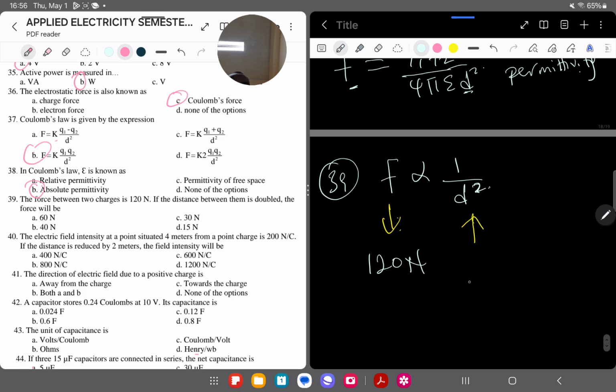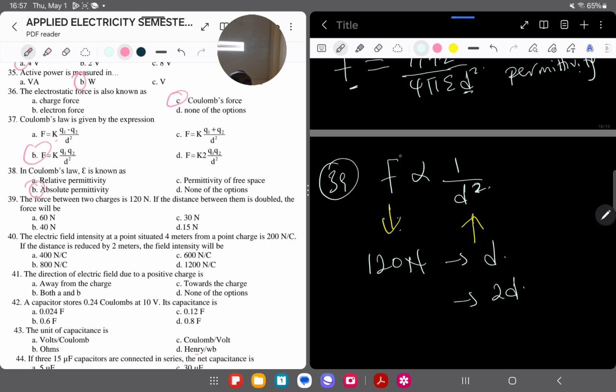Now let's say the first case corresponds to a distance d. In the second case, we now double the distance d, meaning it will be twice the distance d, which is 2d. By doing this, the question becomes what is going to be the force?